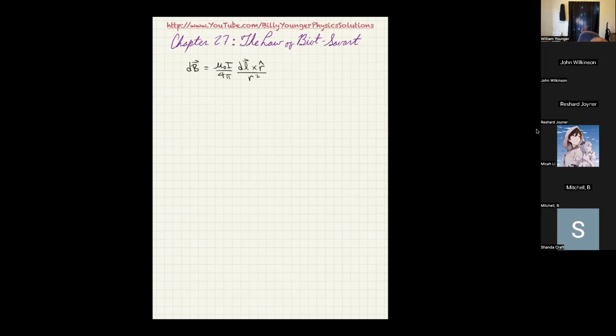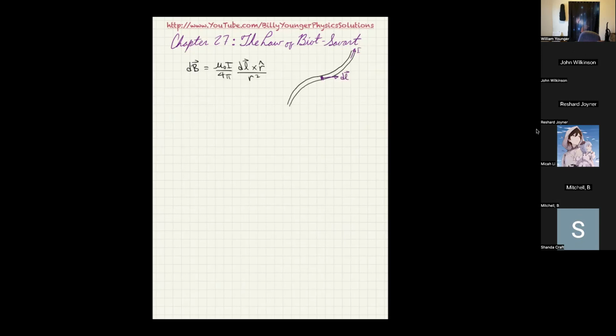That really needs a diagram though, so let me show you what the diagram would be. This is a current carrying wire, for instance, carrying a current I. And we could imagine, for instance, right here is a vector dl. Notice that has to point in the same direction that the current is going.